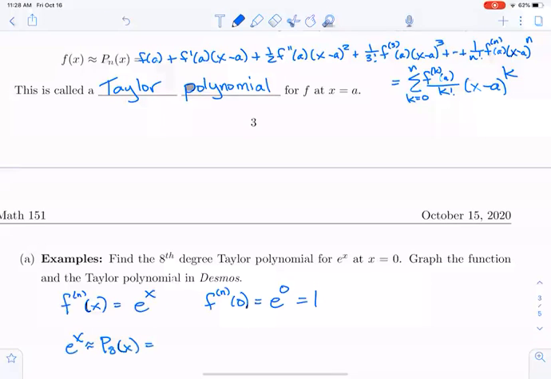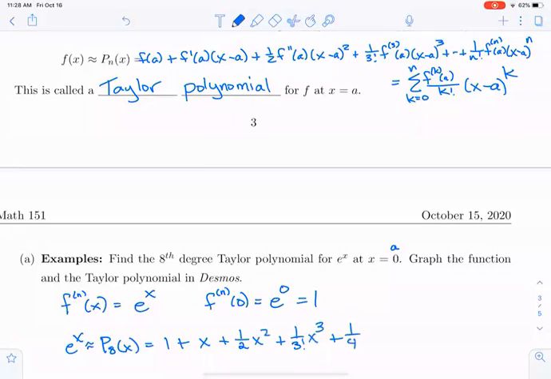And that is equal to, the first term is f of a, so e to the 0 is 1, plus f prime of a is also 1, so that becomes times x minus a, but a in this case is 0, so that's just x. Plus 1/2 times f double prime of a, which is 1, times x squared. The next term is 1/3 factorial times 1, because that's the third derivative, x cubed.